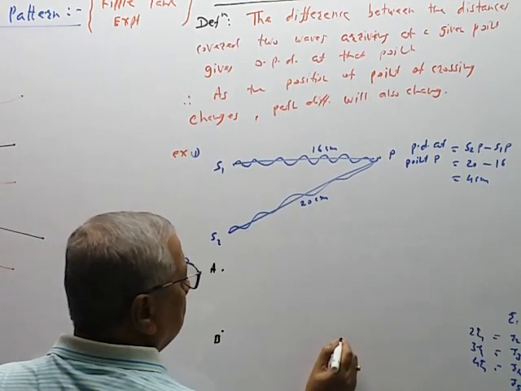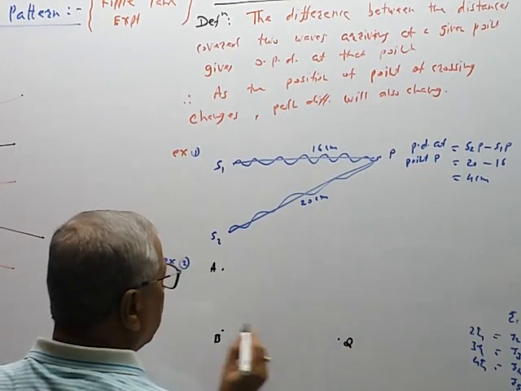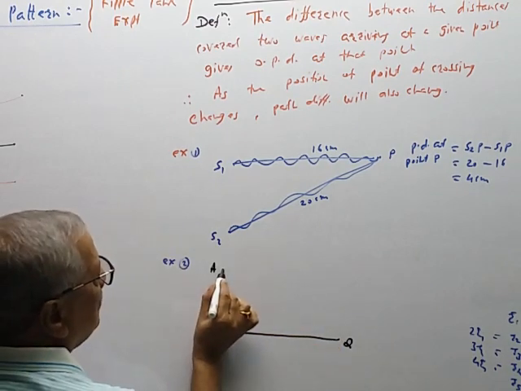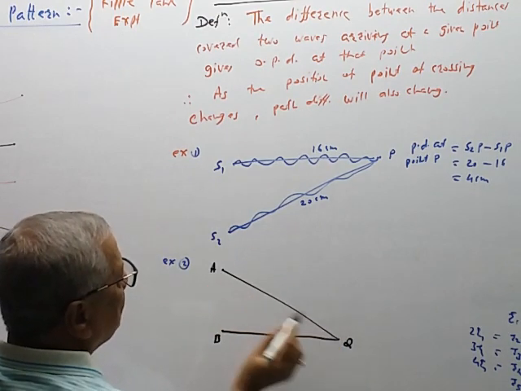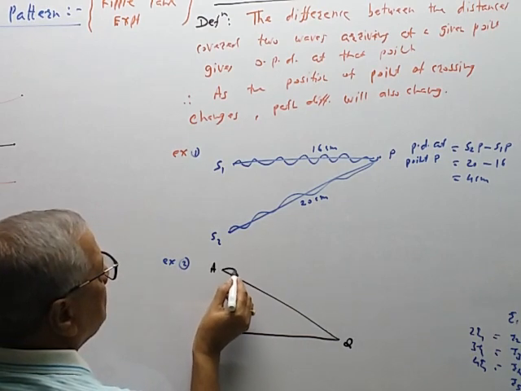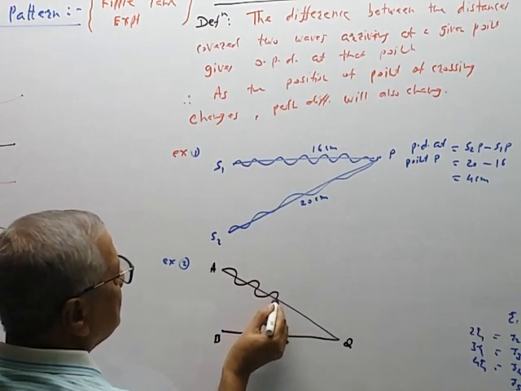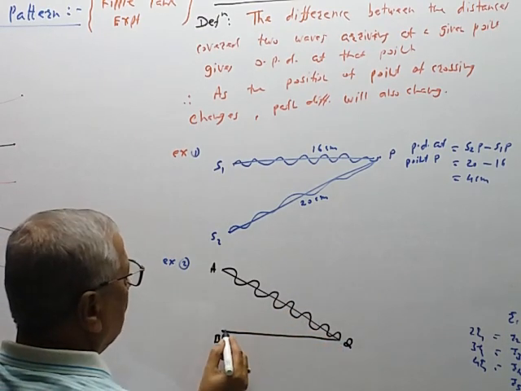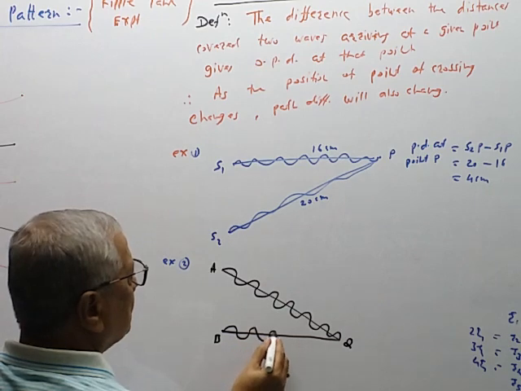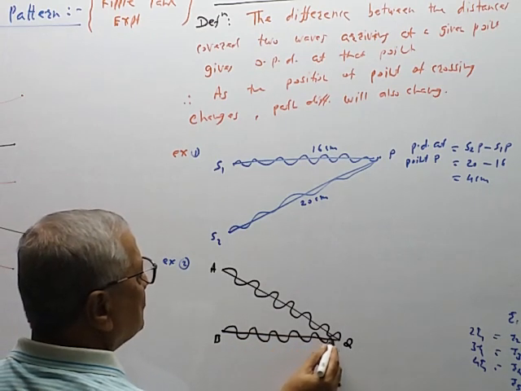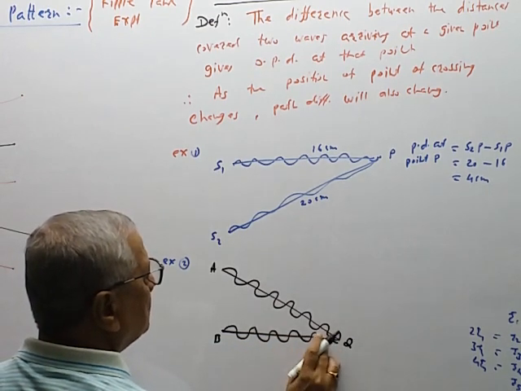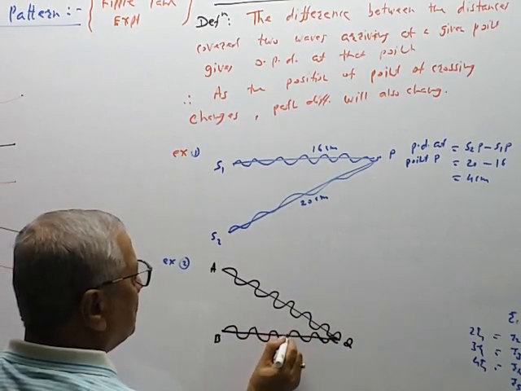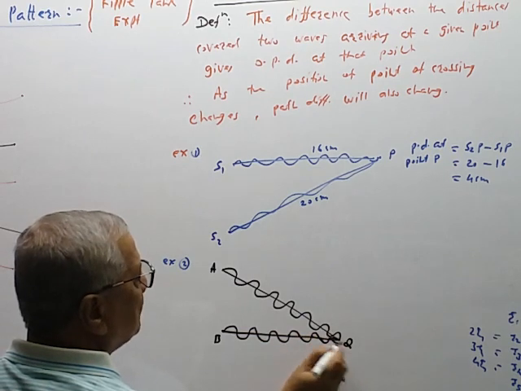Suppose this is the point Q. This is one wave, this is another wave, shown like this. Suppose the two waves have the same wavelength. So this is 1 lambda, 2 lambda, 3 lambda, 4 lambda, 5 lambda, and 5 lambda by 2.